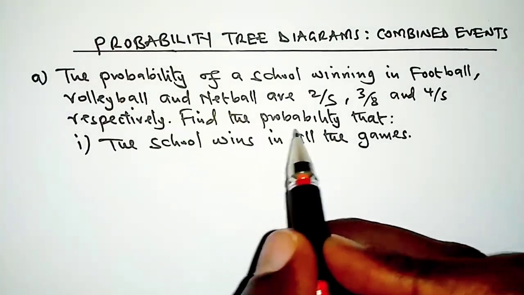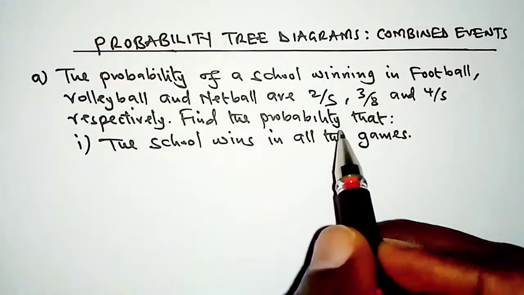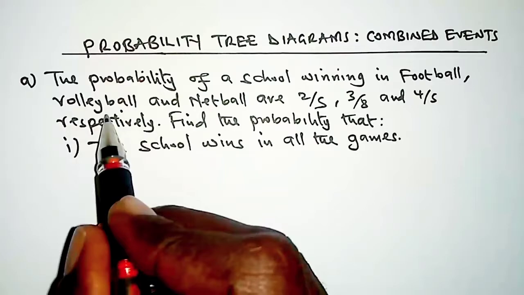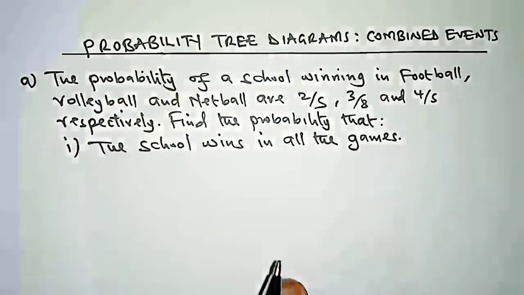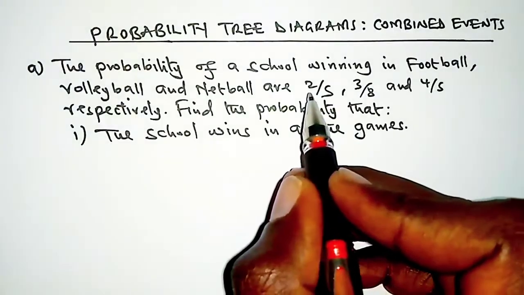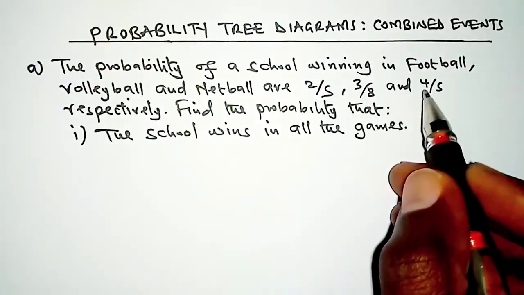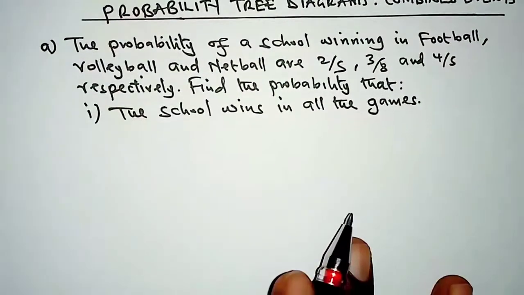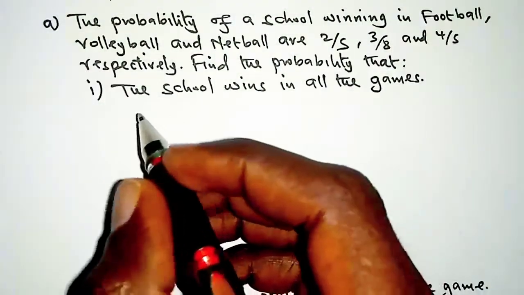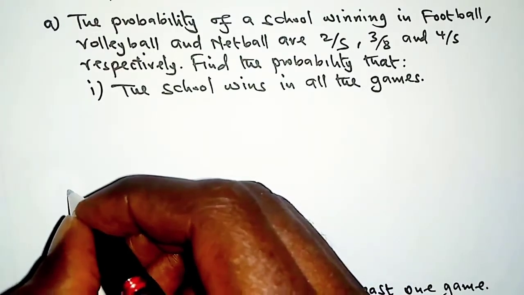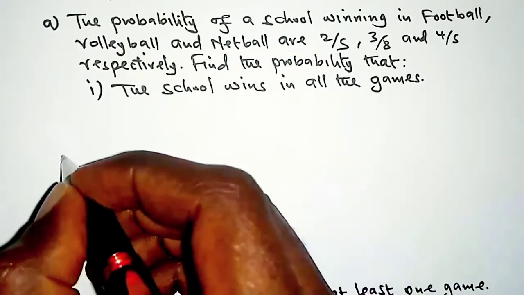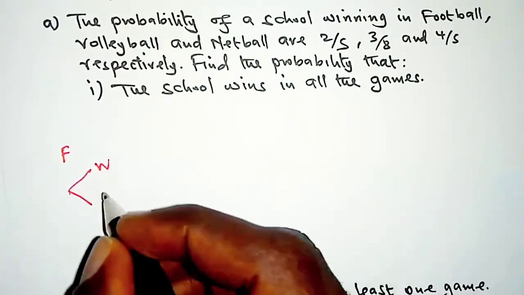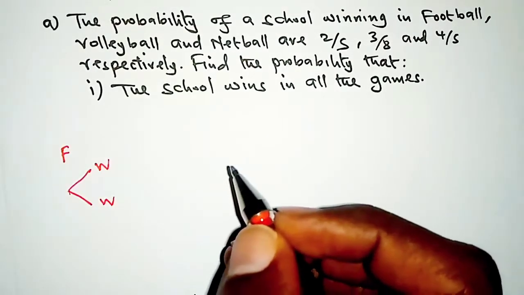We have to find the probability that the school wins in all the games. Remember we had 3 games here, football, volleyball and netball. And we also have the probabilities of the school winning in the respective games. We will represent this information on a tree diagram, and the first branch should represent football, and the school either wins or loses in a football match.